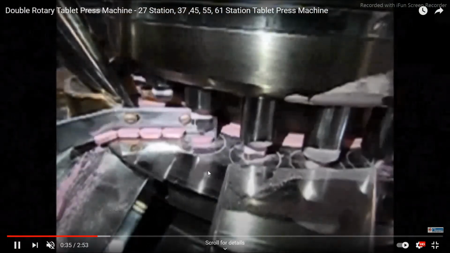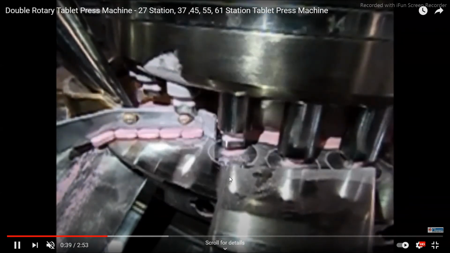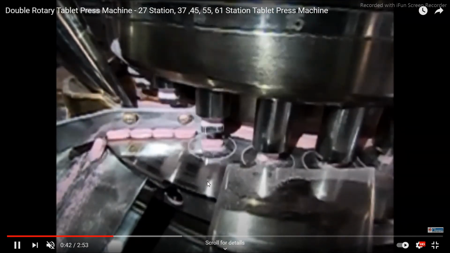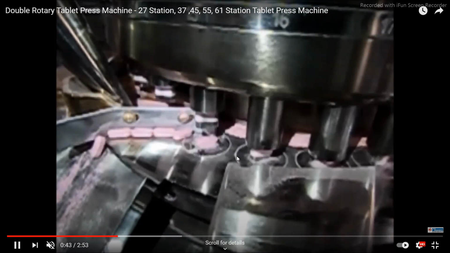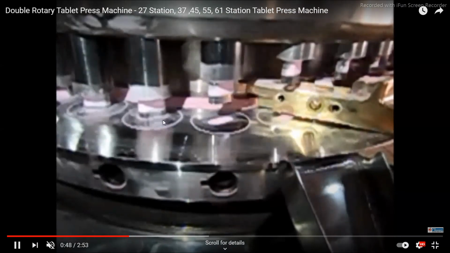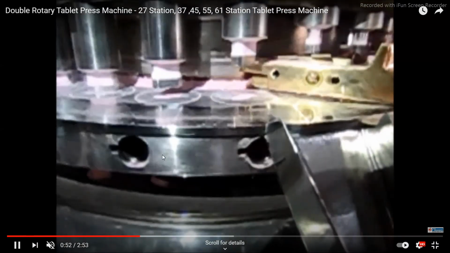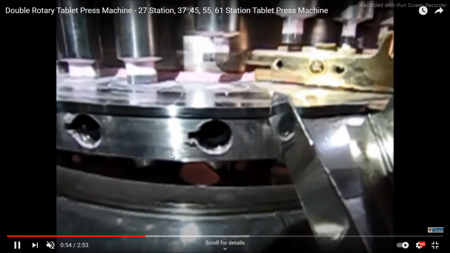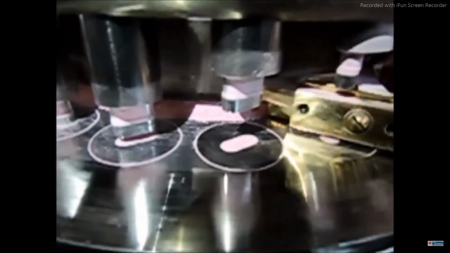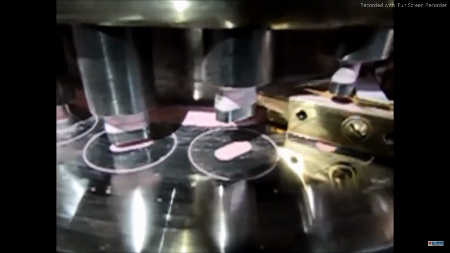This is the tablet compression machine. You can see these granular materials are compressed in between two punches, the lower punch and the upper punch. Here you can see circular devices. These are called dies, and in these dies your granular material is fed and it is compressed by the upper and lower punches. In this way granules get converted into tablets.